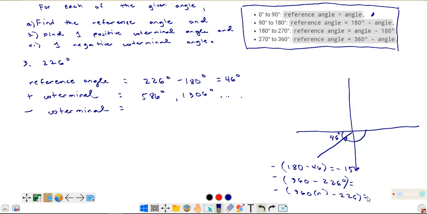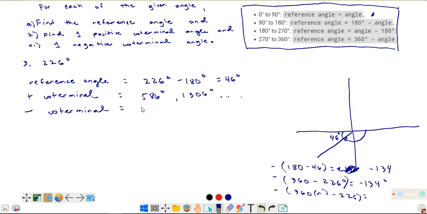So, kuha tayo ng isang example. 360 minus 226. Pwede si 134. Huh? Degrees. Ito bagay, 180. Parang mali yung compute ko kanina. 180 minus 46. 134 din pala to, sorry. This is negative 134.